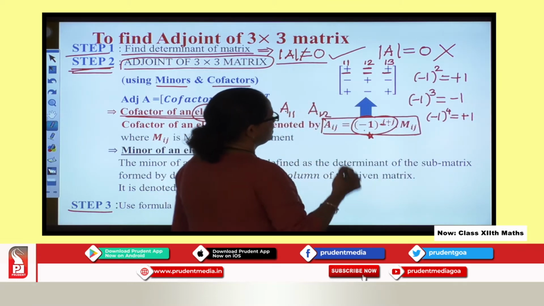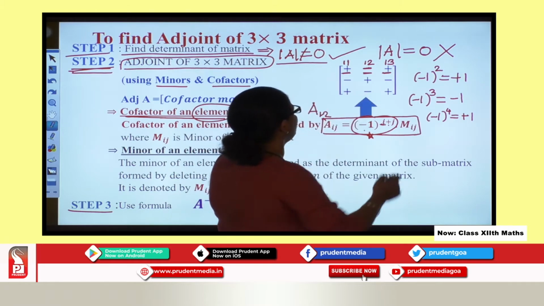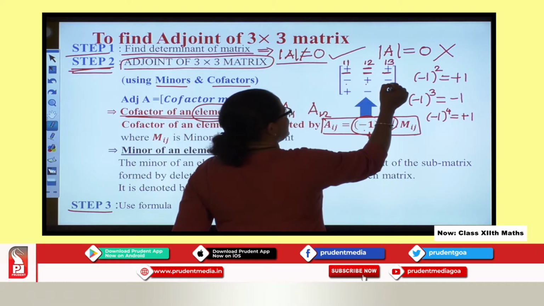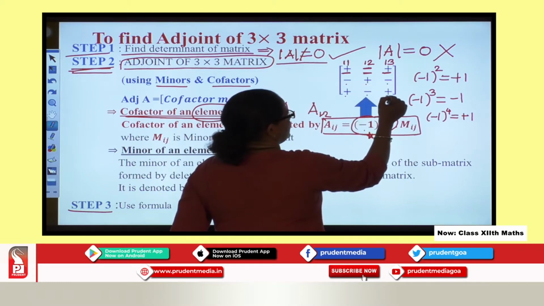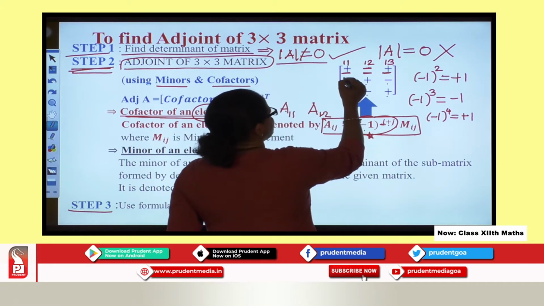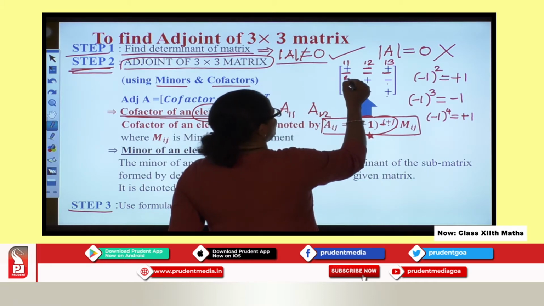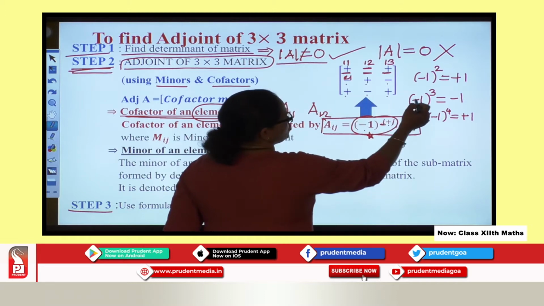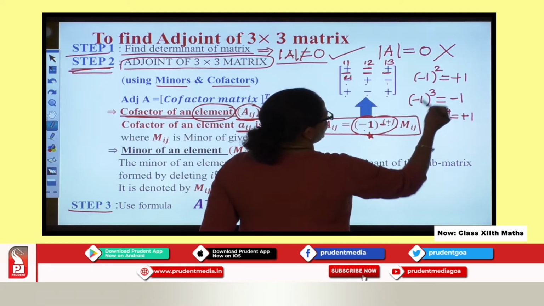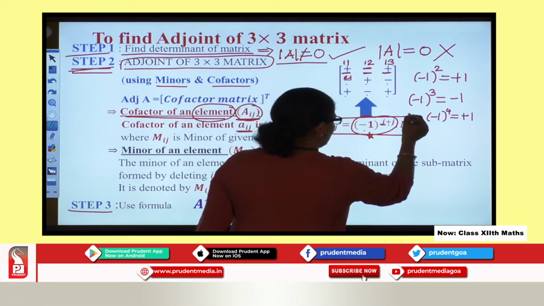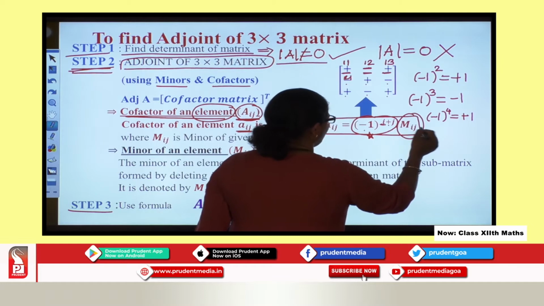This is the way I need to proceed for the remaining ones. See, this, this, this and this. This is how I get these signs. You can see this is 2, 1, right? So 2 plus 1, that is 3. So you get minus 1 raised to 3, so you get minus 1. So this is how we proceed.